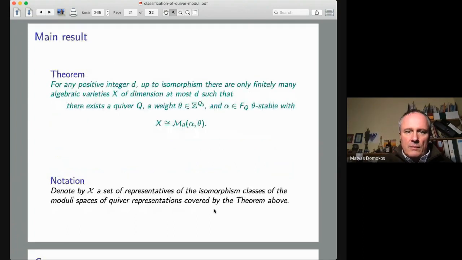And here is our main result. We can prove that for any positive integer d, up to isomorphism, there are only finitely many algebraic varieties X of dimension at most d which can be realized as a moduli space of quiver representations in such a way that the dimension vector is taken from the fundamental set and it is theta stable for the weight.